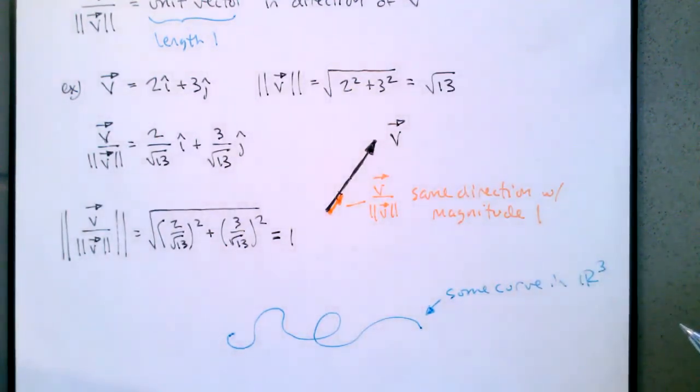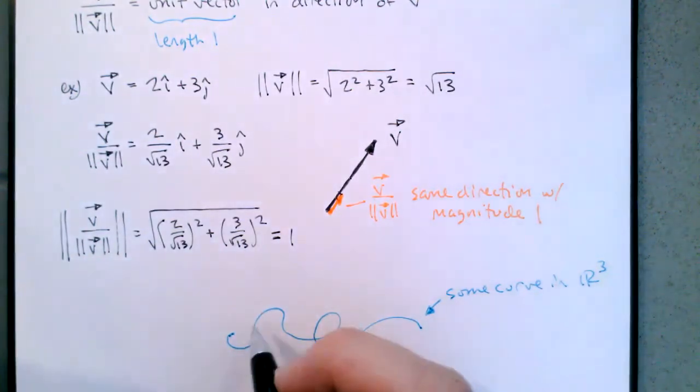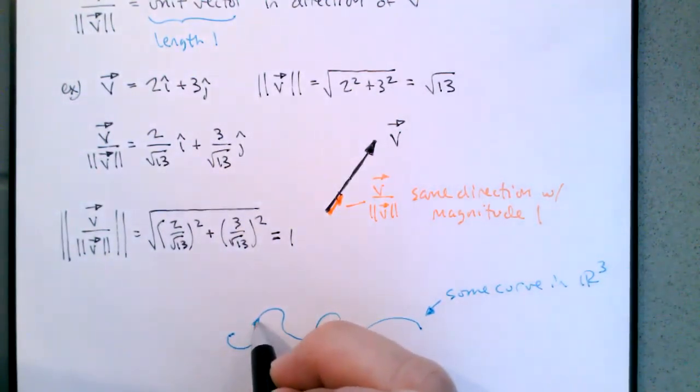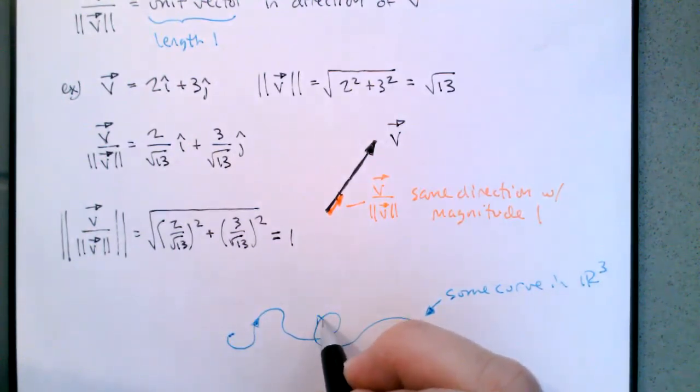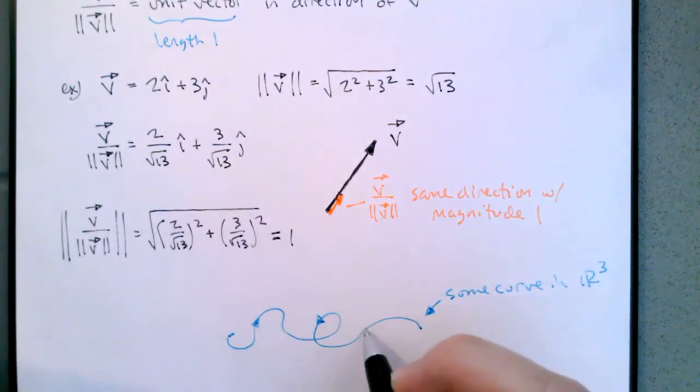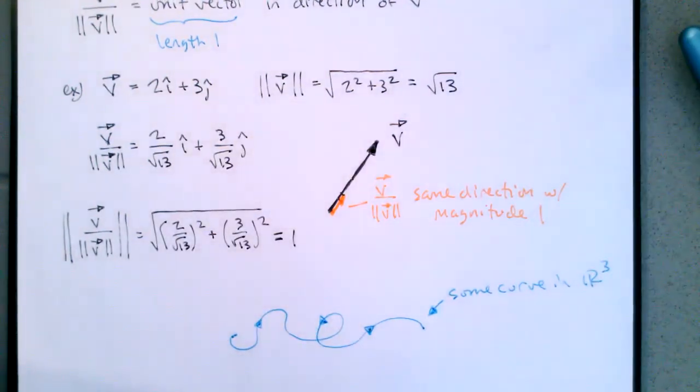I know it looks like this curve is running around in R2, but I assure you it's in R3. And let's suppose it's going in this direction. Then maybe at some point on the curve, we're going to want to ask a calculus question, which is like, what is the slope of the line tangent to this curve at a given point?